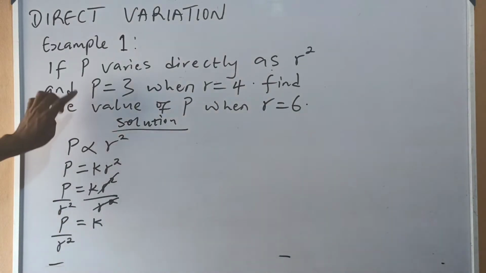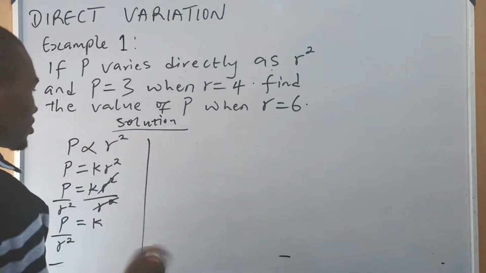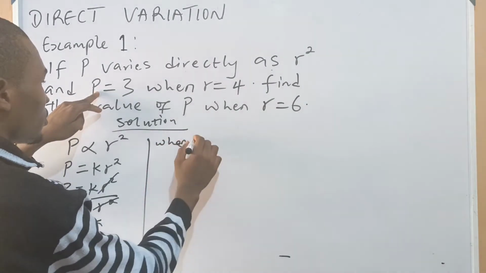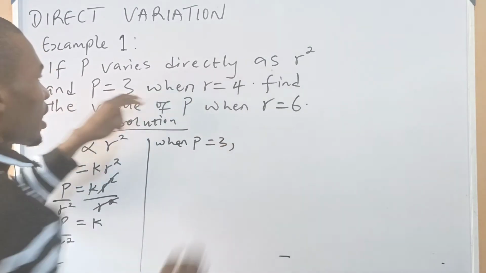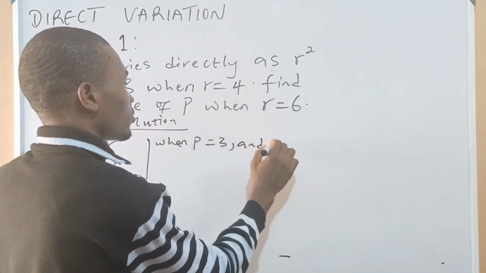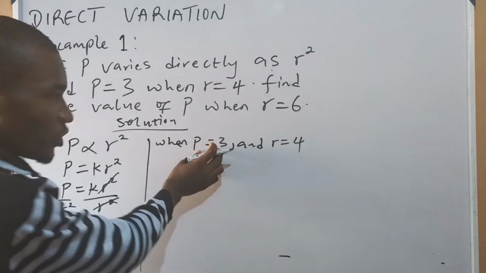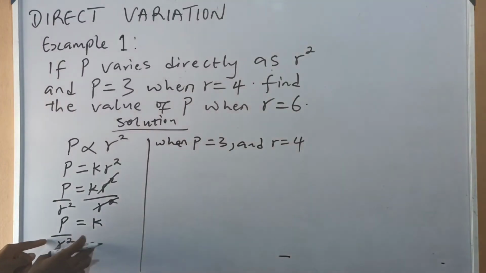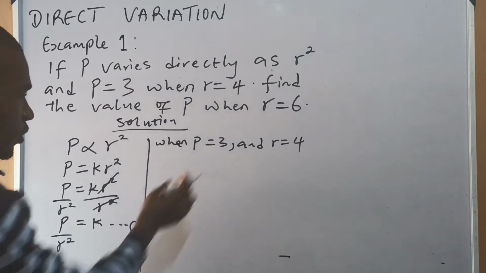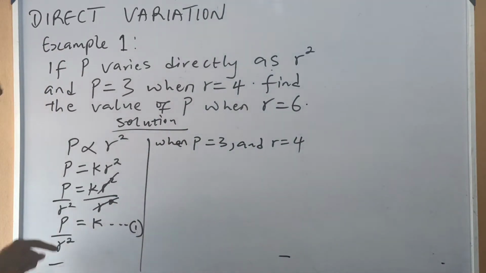Then remember, we are told that P is equal to 3 when R is equal to 4. When we substitute the values of P and R into this given equation, assuming we call it equation 1, we are going to have something of this nature.